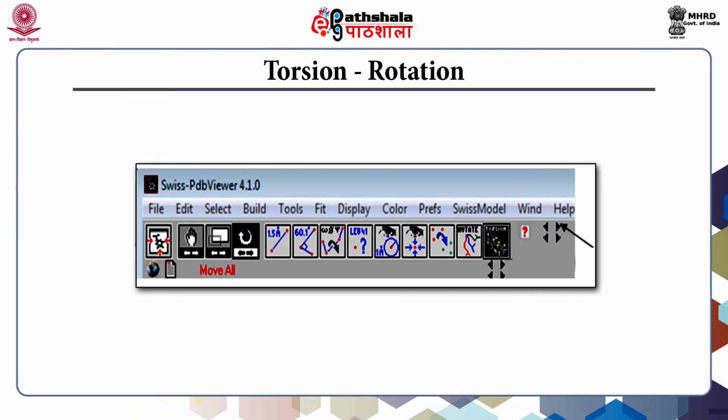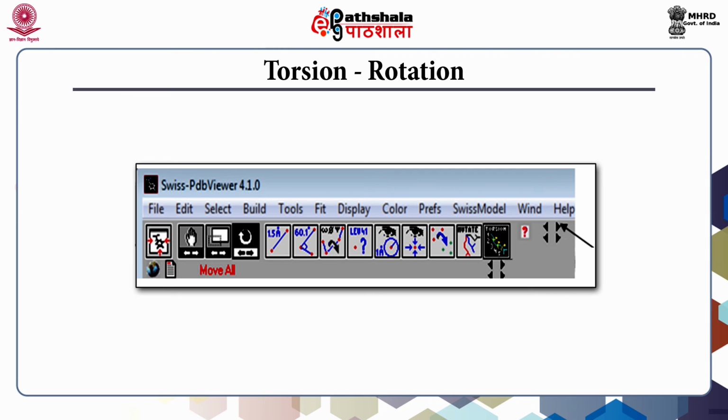Fourth pair of buttons is used to change rotation around next bond, that is C beta and C gamma carbons. Similarly, when we have further single bonds as in arginine, we will have more buttons to rotate the next single bonds. In arginine, we will have 6 buttons.